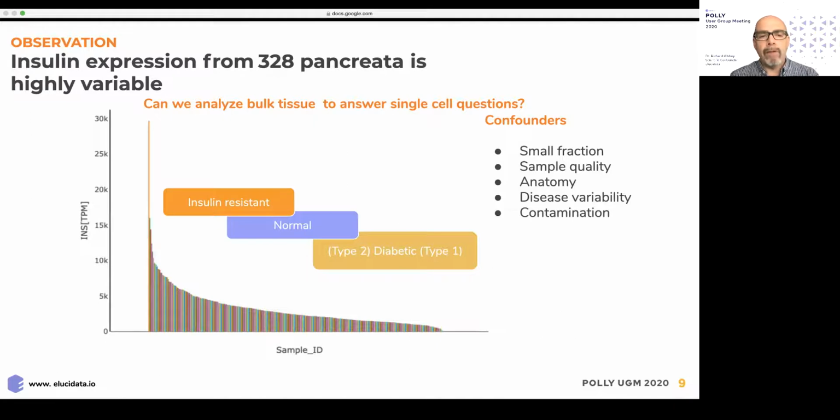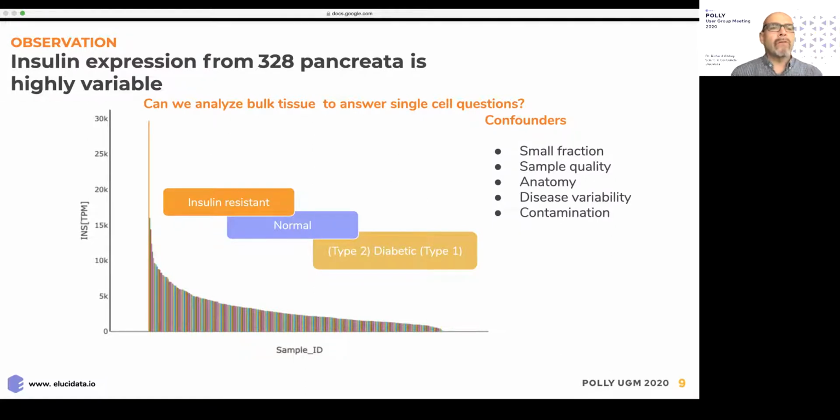Now, I've placed bars over these different individuals to suggest what type of physiology may be going on, with the normal folks being more in the middle. Those who are insulin resistant tend to augment their islet mass until it starts to fail, and the islet mass or the insulin quantity starts to be reduced as you become type 2 diabetic, or those are destroyed by autoimmune attack in type 1 diabetes.